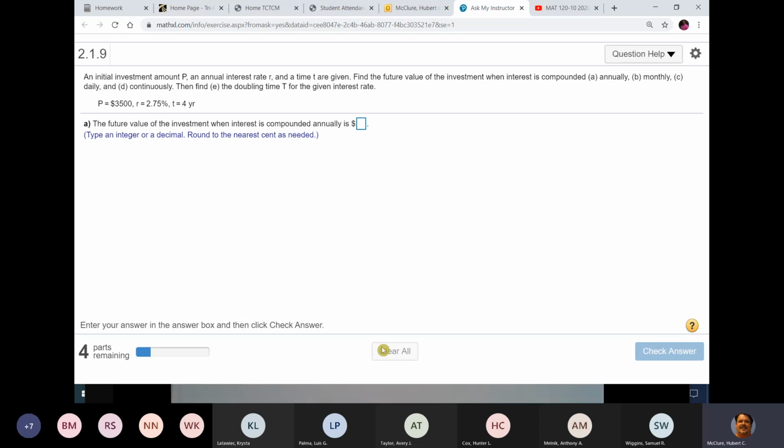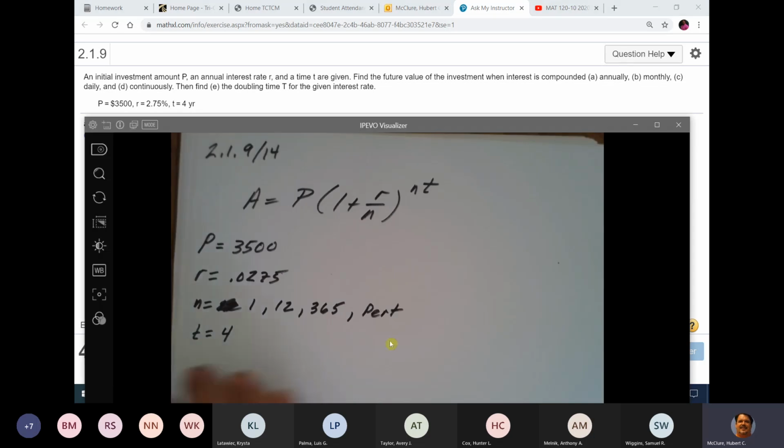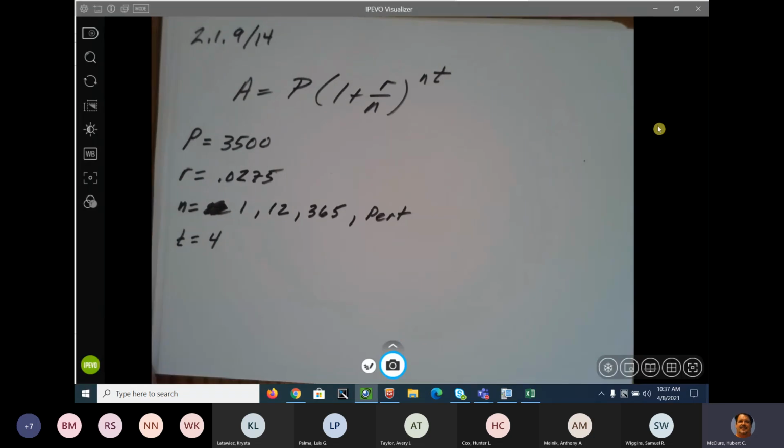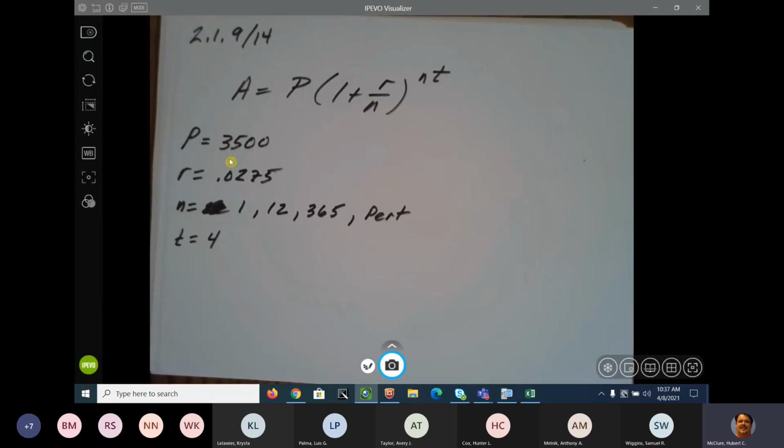So there's 4 test questions on this question. All right, there's the formula, and we're going to do 3,500 at 0.0275 at 1, at 12, at 365, and with the PERT, which is the continuous interest. So I'm going to do 4 different problems.